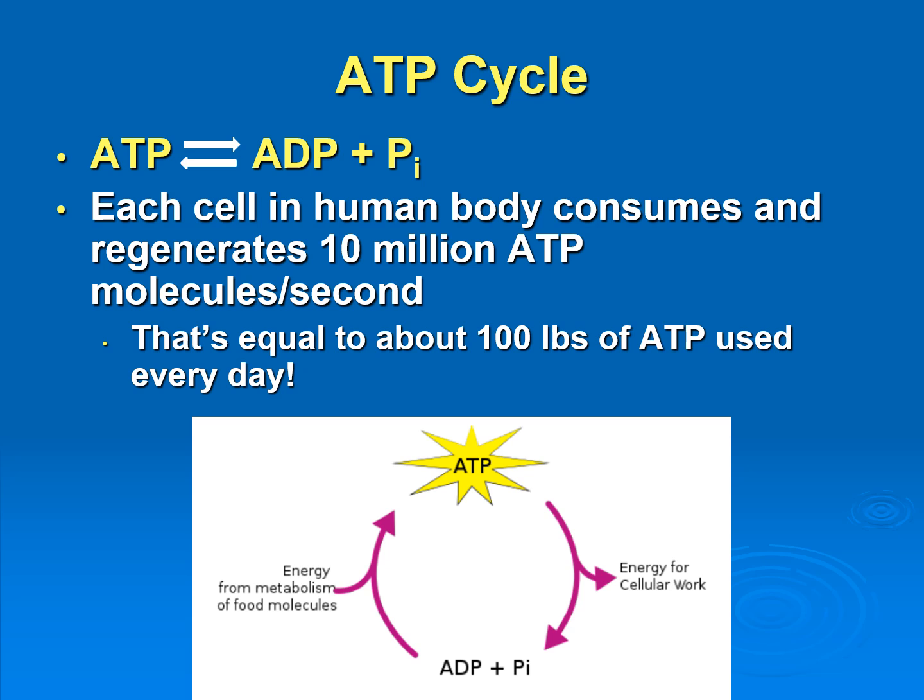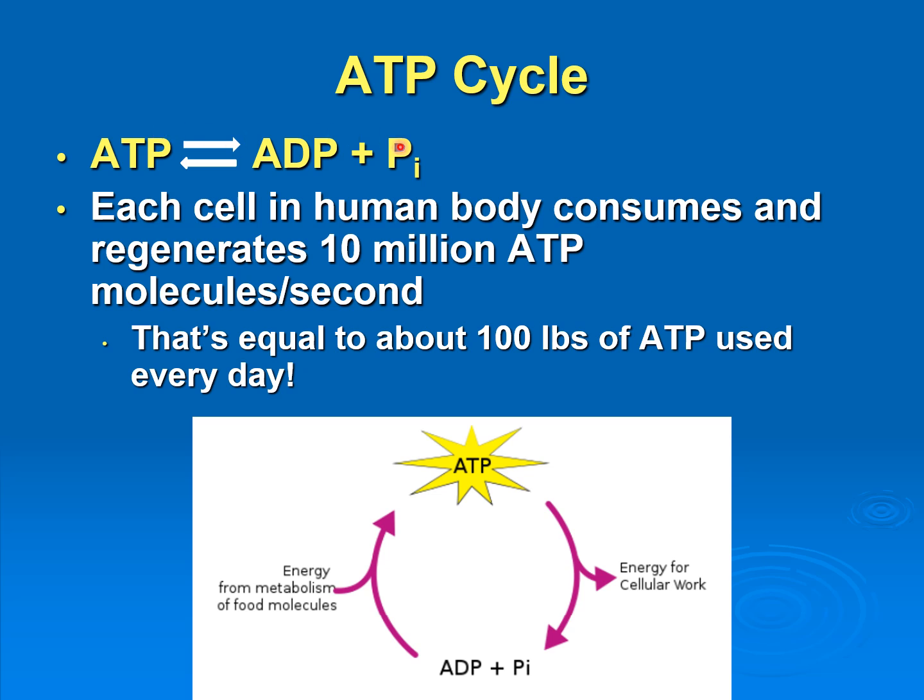Okay, so looking at our ATP cycle. So we can certainly break off a phosphate group off of ATP, and we get ADP plus a phosphate group. But we just keep remaking the ATP. And then our cells will break apart the ATP, chop off the phosphate group, release the energy, and then they'll remake the ATP again.